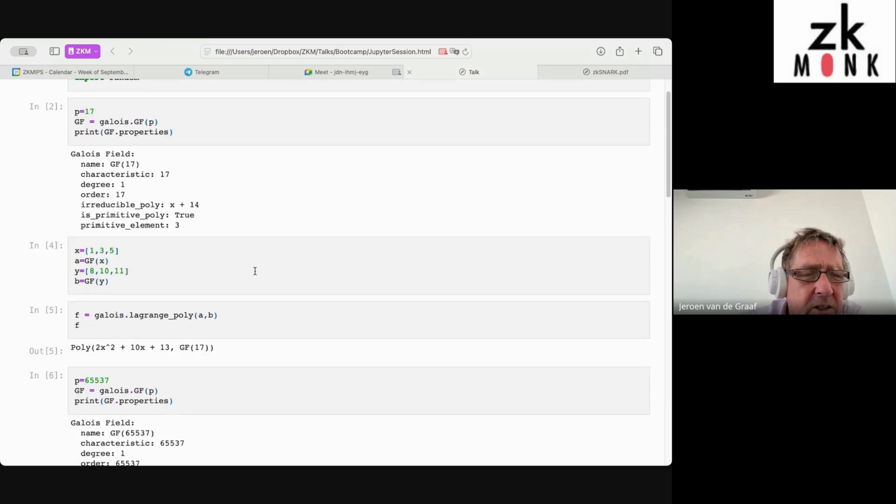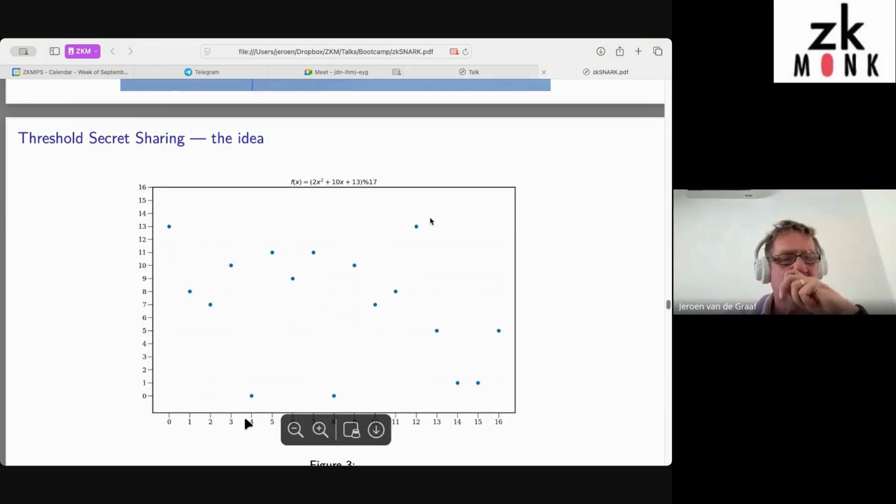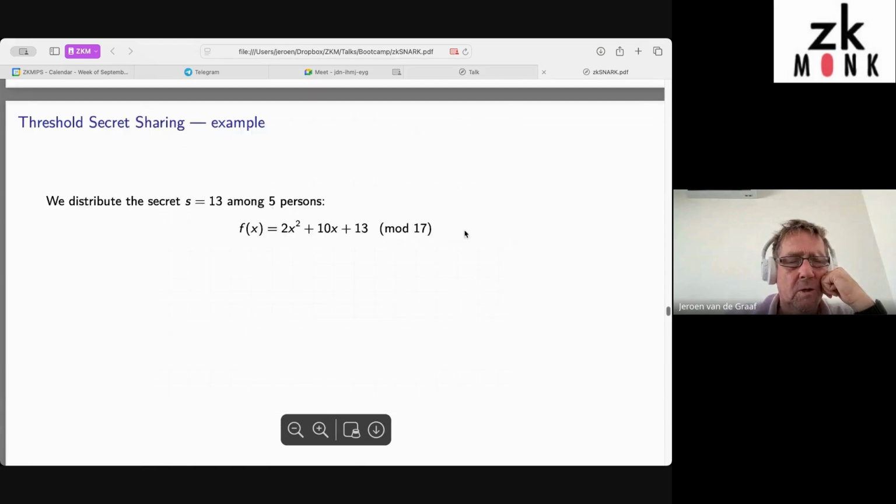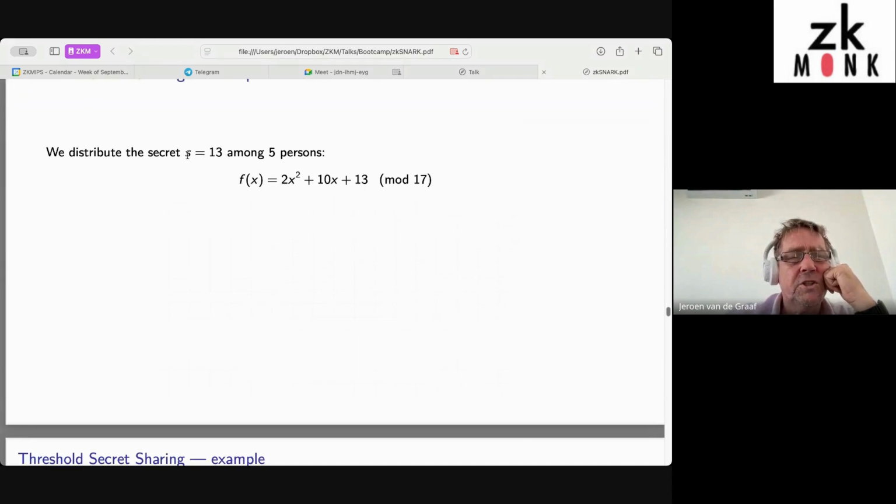And as you can see here, well, actually, I'm running ahead of myself. Let me go back, because what I want to show you is the following. We're going to use this polynomial.